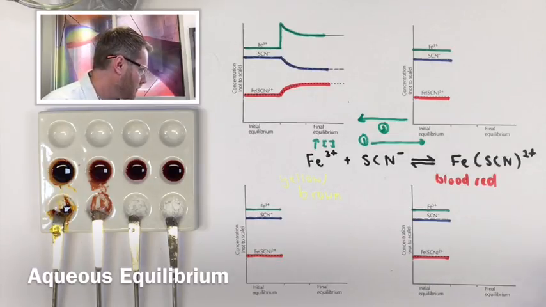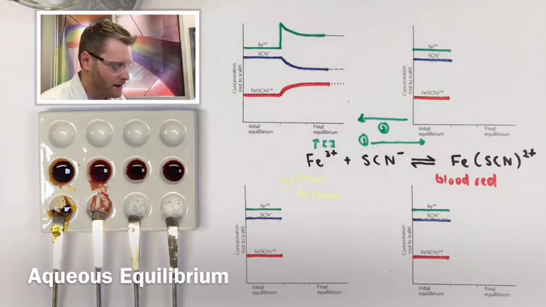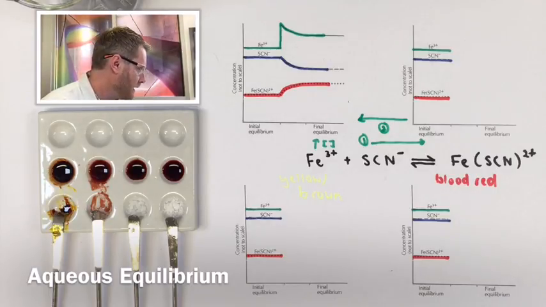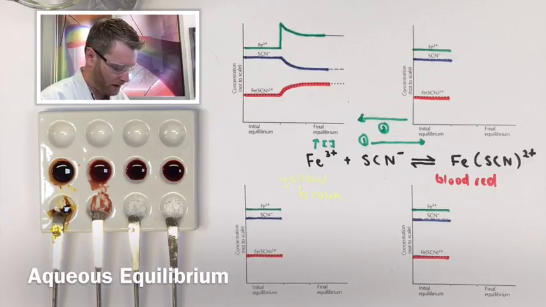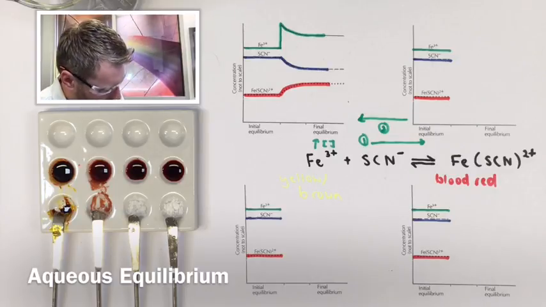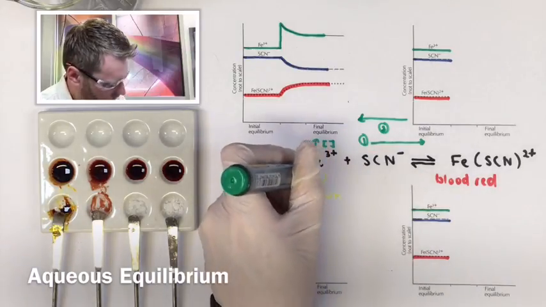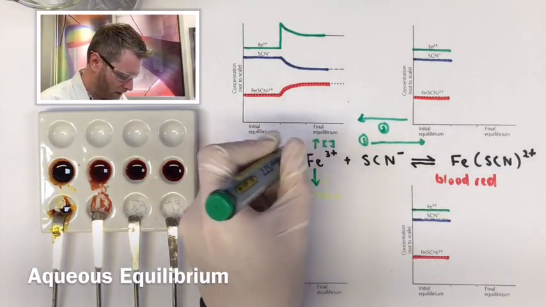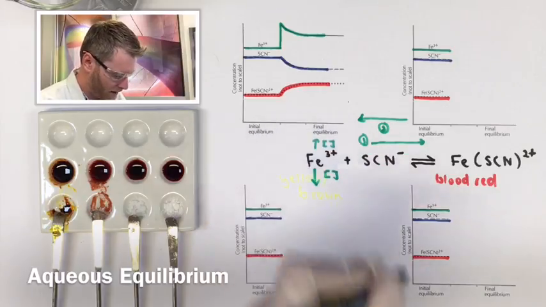Now, by adding ammonium chloride, what's reacting in here is the chloride ions, and the chloride ions are combining with some of the iron 3 plus to give us FeCl4 minus, and effectively what that's doing is lowering the concentration of Fe3 plus. Once again, this is placing a stress on the system at equilibrium. The system will counteract this stress.